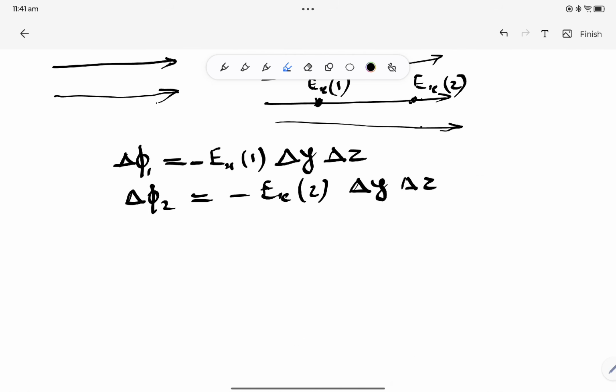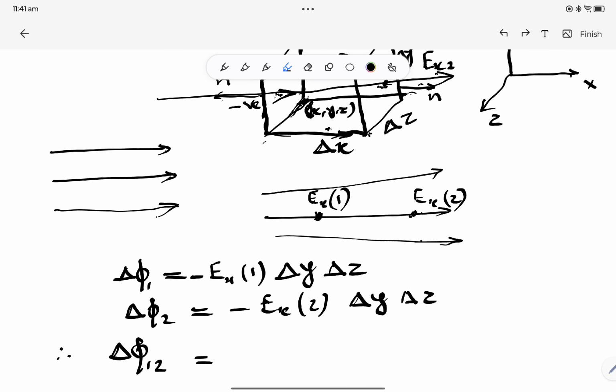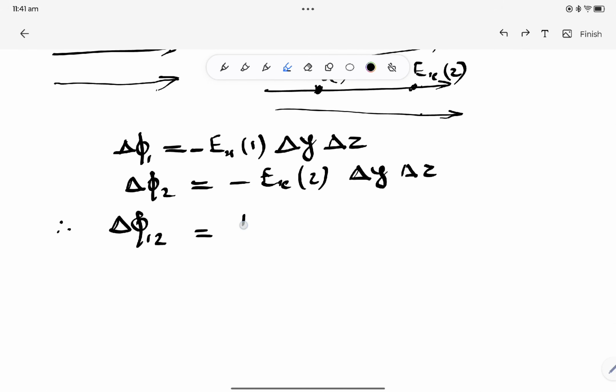Then the net flux through these two phases, 1 and 2, will be positive there. So it will be Ex2 delta y, delta z minus Ex1 delta y, delta z.